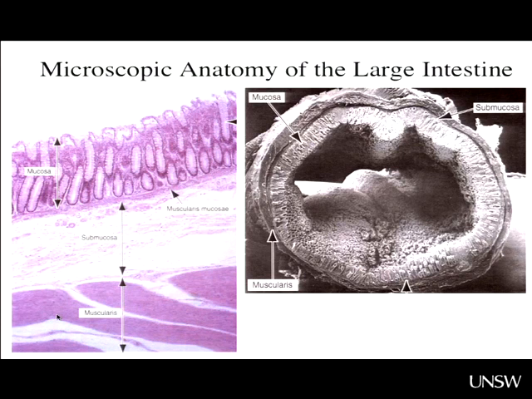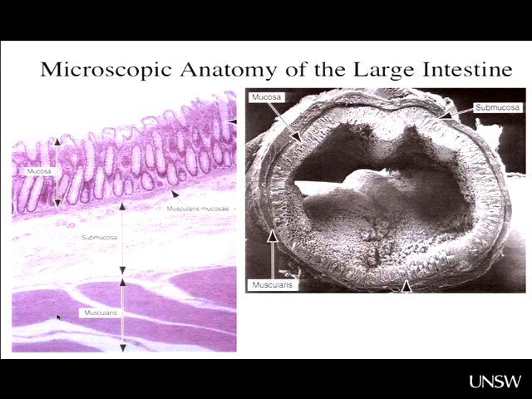So it's really designed to form a stool. So you don't want to waste water that the body's put into the digestive process, having it come out in feces. You want to reabsorb that water, you want to form a stool, and you want to get rid of that waste material. So the large bowel is designed for absorption solely of water and minerals and not of nutrients.